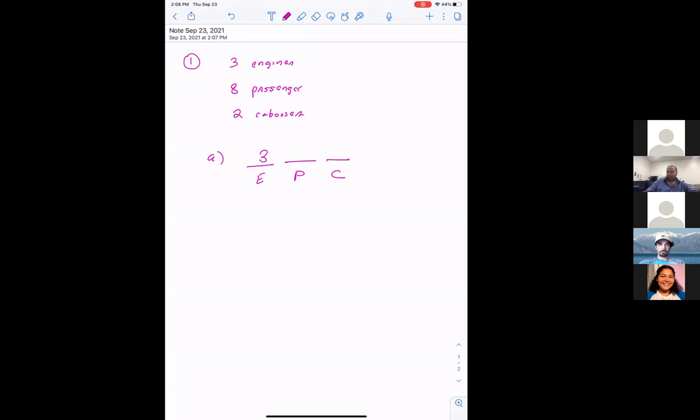And how many options are there for the second stage? 8. And the third stage? 2. And then therefore, by the fundamental principle of counting, we multiply and we get 48 different trains. Agreed? Straight up fundamental principle of counting.